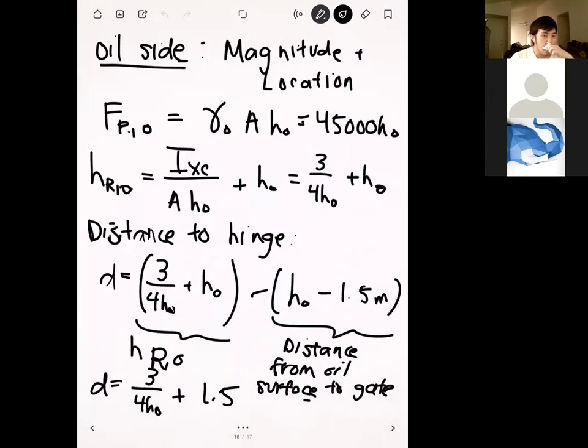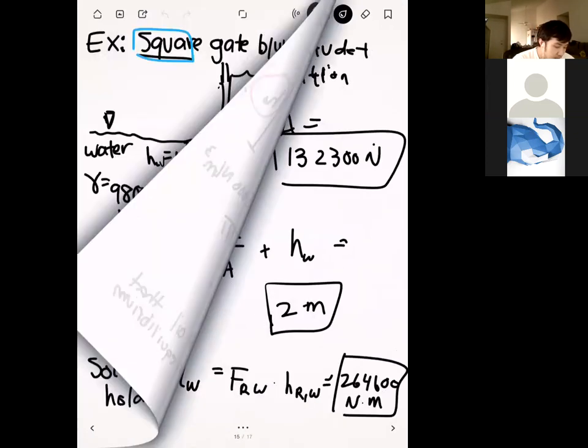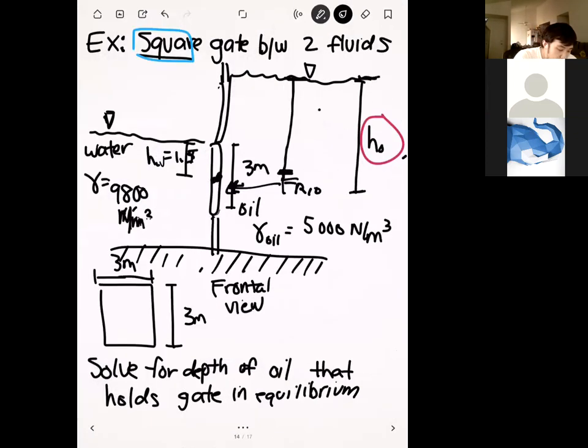So HO that we want to compute is the distance from the top of the water to the location of the pressure force.